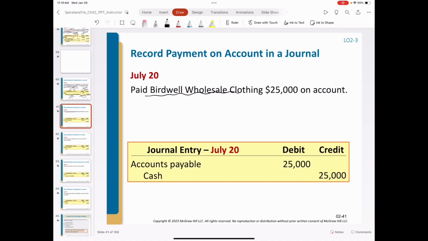Because the liability is partially paid off, the amount is $25,000. We are going to debit liability because this liability decreased by $25,000. While this is a cash outflow, the assets decrease, so we credit cash $25,000. The impact on the accounting equation: assets decrease $25,000, liability also decreased by $25,000 because of the payment.